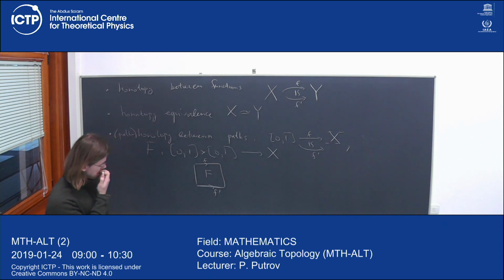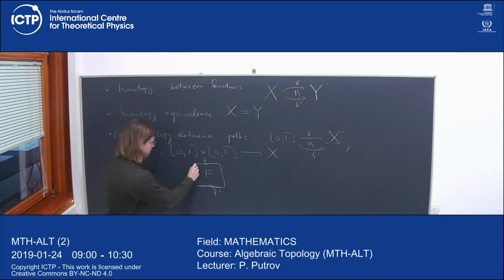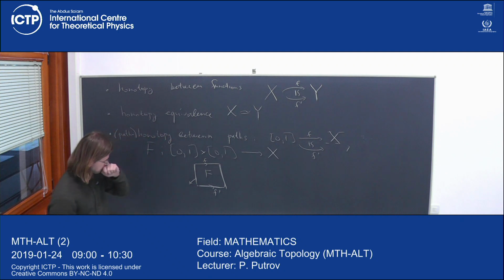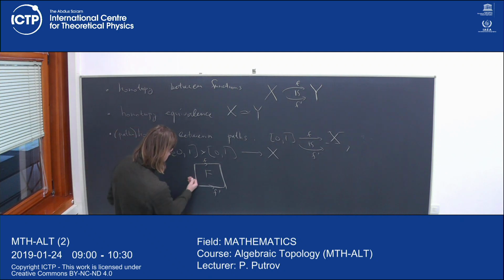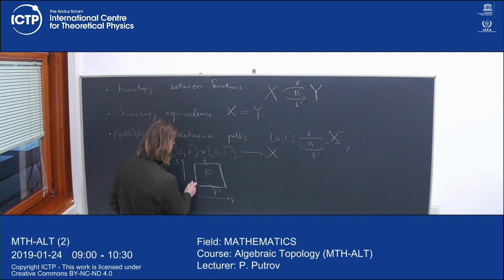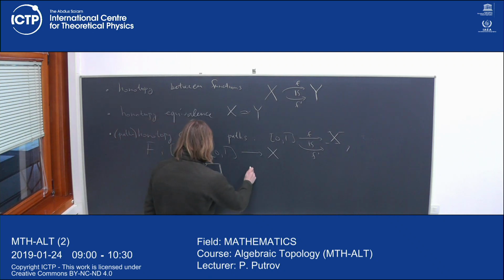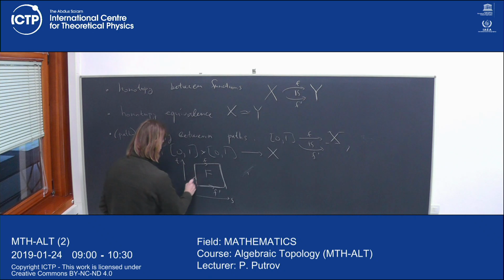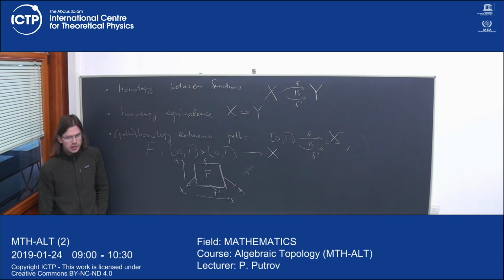So this is the direction of homotopy, and this is the direction in which we parameterize our paths. The condition is that here everything is mapped to a fixed point x0, and here everything is mapped to a fixed point x1.